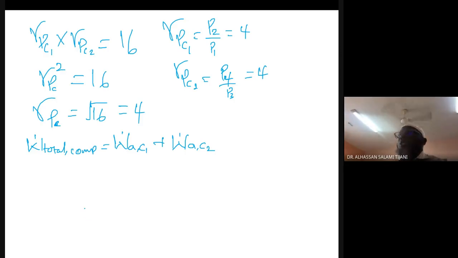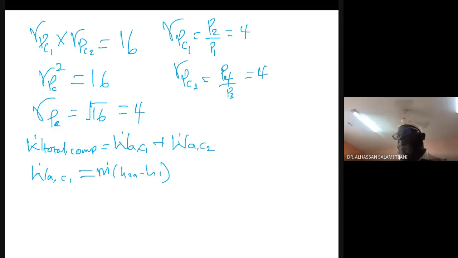So what is WA for compressor number 1? It is given by the mass flow rate of the working fluid times the change in enthalpy, H2A minus H1.